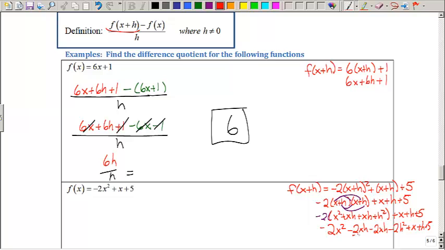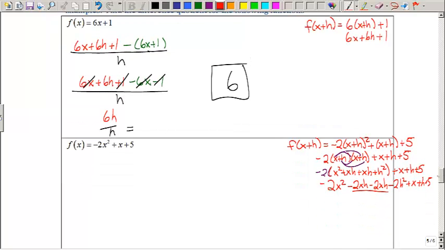And lastly, I can combine these two like terms to get negative 2x squared minus 4xh minus 2h squared plus x plus h plus 5.